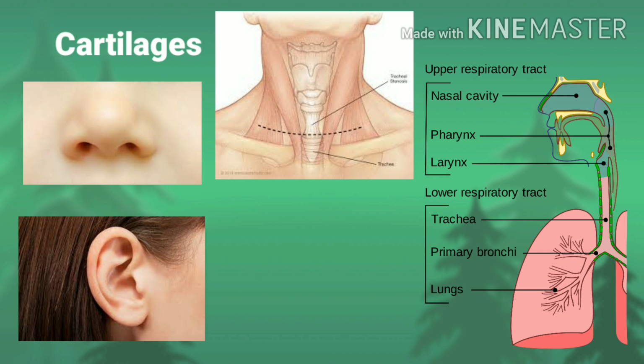Ear, and in the trachea and the larynx. Larynx is a part present in our neck, right? Larynx is above the pharynx that you have learned in your 7th standard. So in our nose, ear, trachea, and larynx, these are the parts in which cartilages are present.